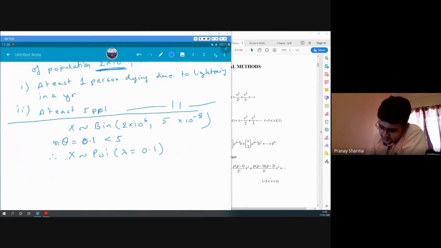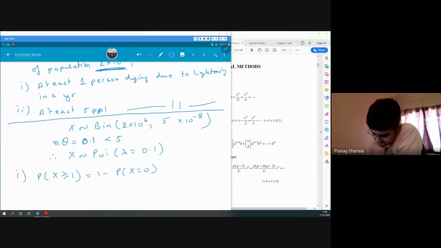And we'll find our probabilities. First is at least 1 person dying due to lightning in a year. The probability that x is greater or equal to 1, at least 1, would be 1 minus probability x equals 0.